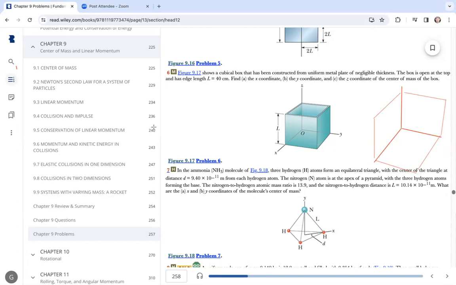Each of these is also a uniform plate, so the center of mass of each of these plates is at the center of that plate. So like right there for that one, and then this one is right here.